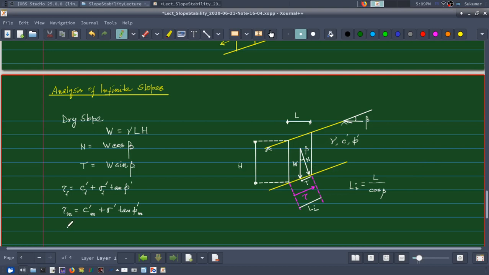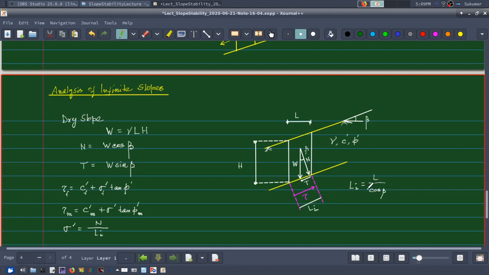So what is my sigma dash? Sigma dash is N divided by the inclined length, which I am denoting as Li. From geometry, Li is L by cos beta, because L is Li cos beta. If you assume a triangle here, this is my L, this is my Li.